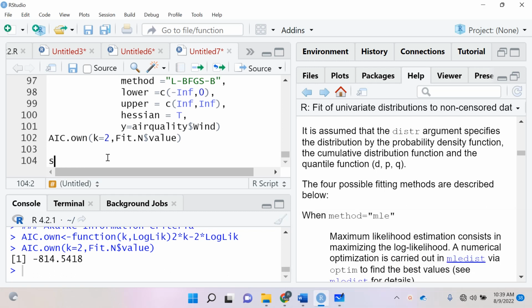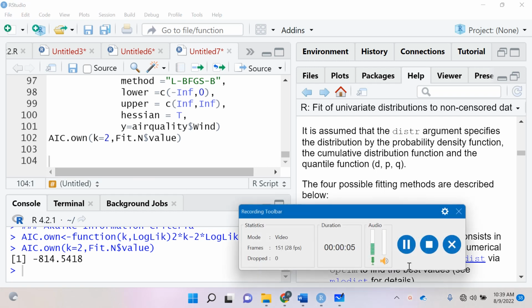Okay. So the next thing I'll discuss is how we can obtain standard errors. Now the other ones, you see, when I use fitdistr and fit, I can get a standard error straight away. When I write my own function and then I use the optim to optimize it, I cannot get the standard error right away.